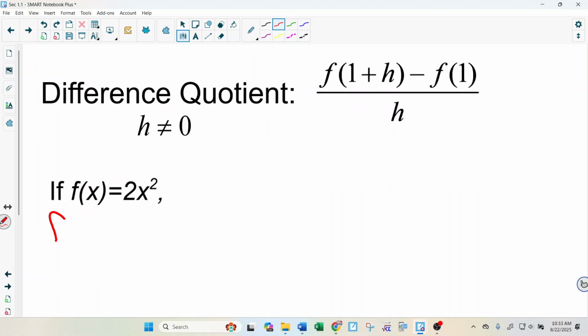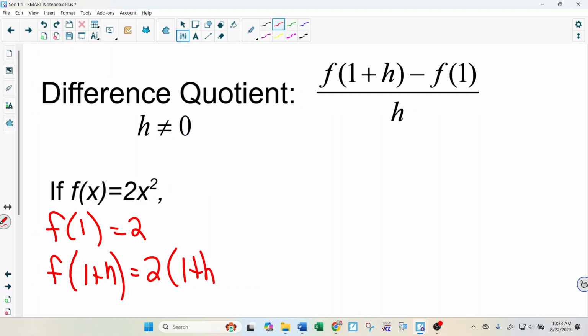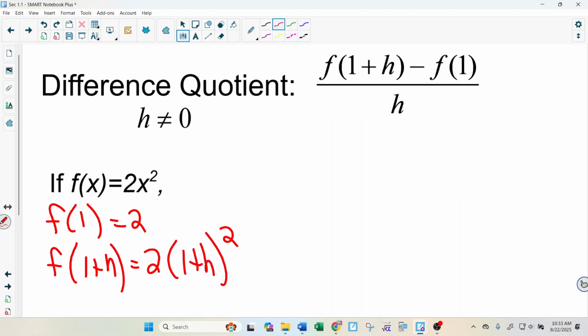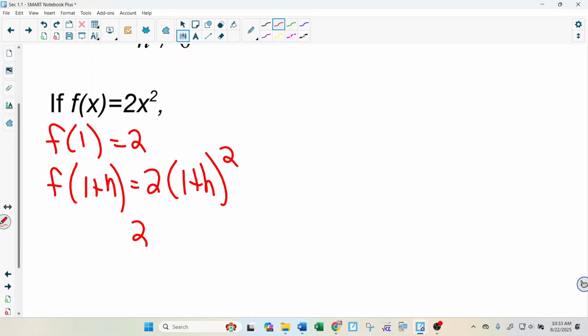So we have f of 1 is 2, f of 1 plus h. That is going to be h squared plus 2h plus 1.